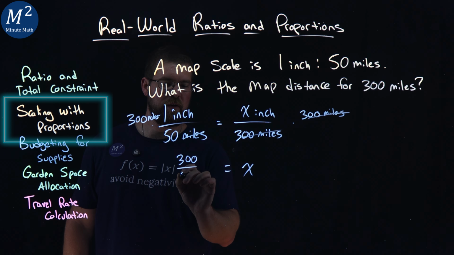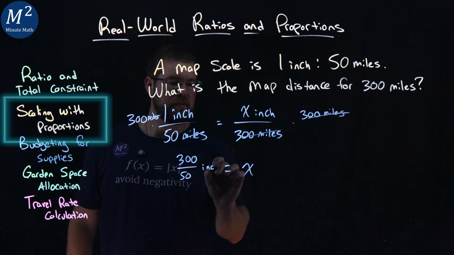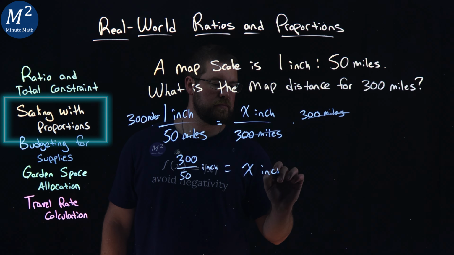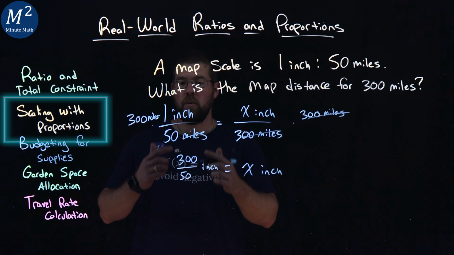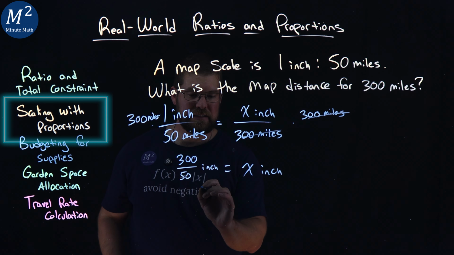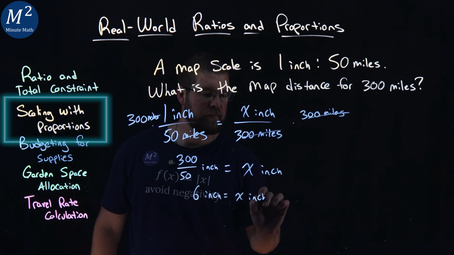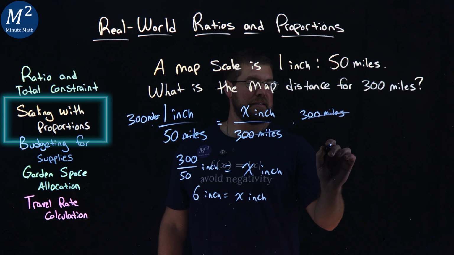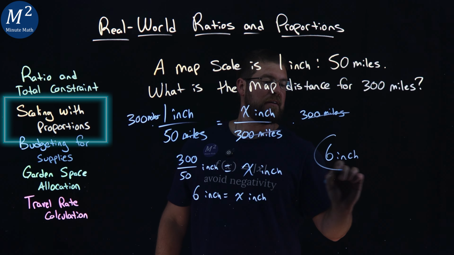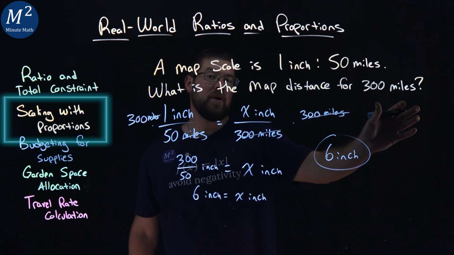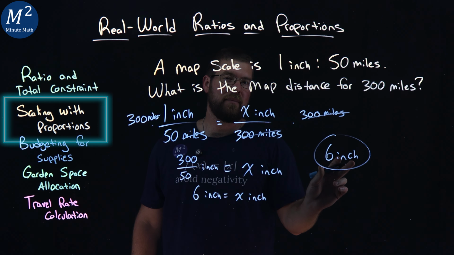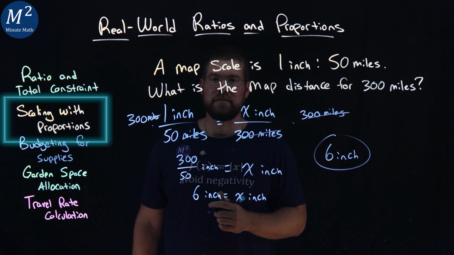So 300 over 50 inches equals x inches. Well, 300 divided by 50 is 6. So 6 inches is what 300 miles in the real world would be on a map. So the map distance is 6 inches.